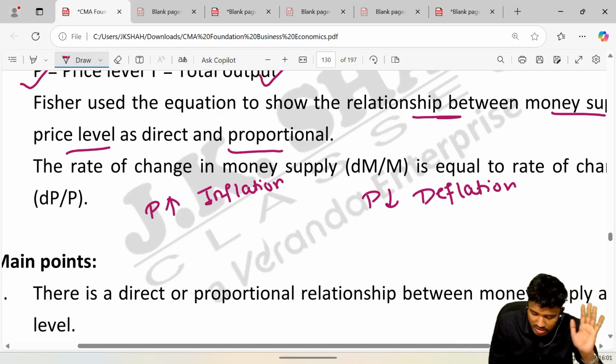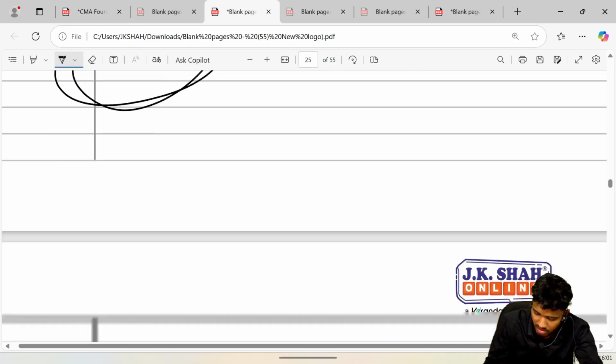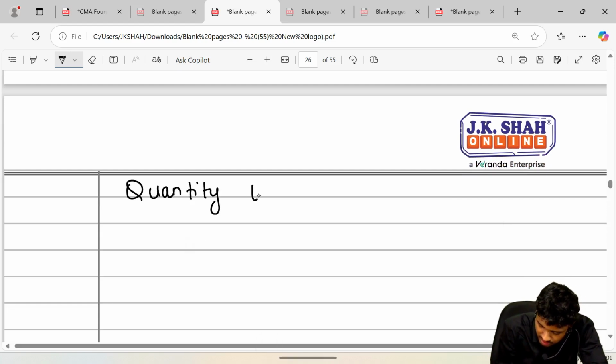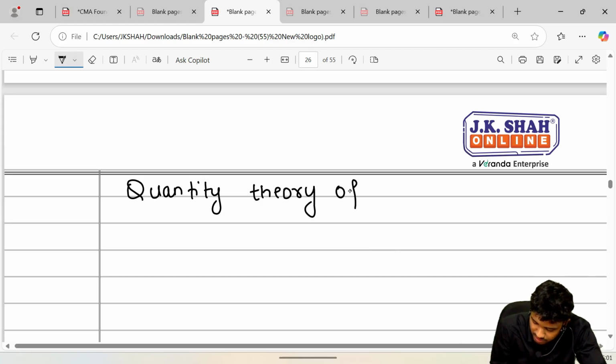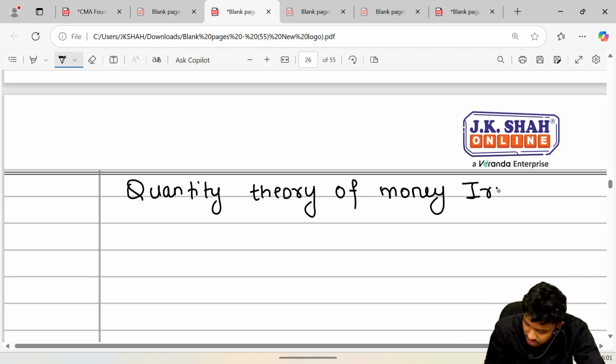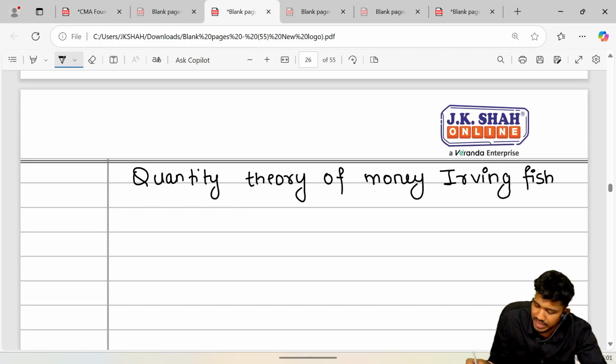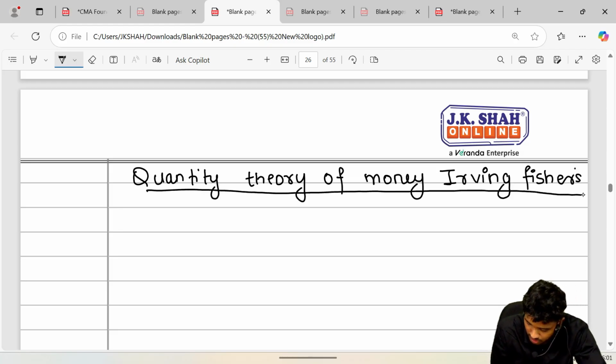Let's get into the concept. Quantity theory of money, explained by Professor Irving Fisher.